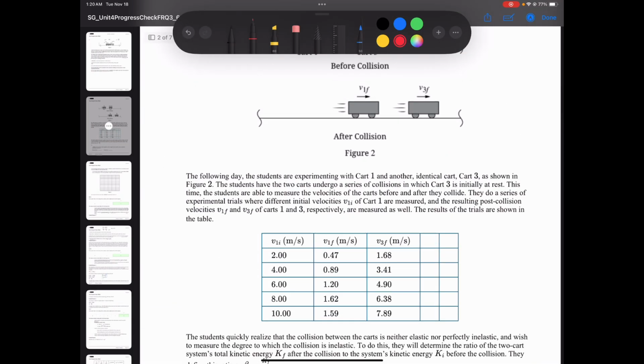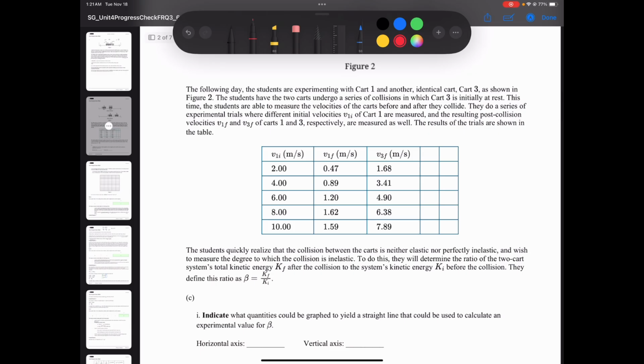All right, so part B, now what they're doing is they have a different cart 3, and they have an inelastic collision, but not a perfectly inelastic collision. The carts are going to collide with each other, and they have new velocities, and then basically he wants to determine the ratio, right?